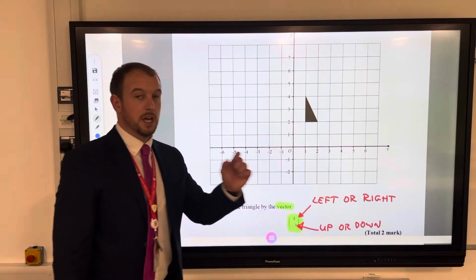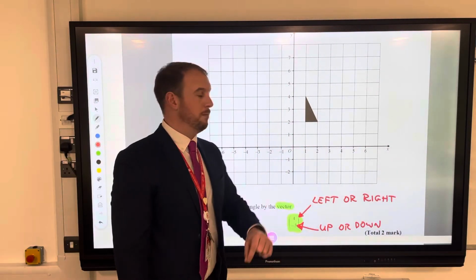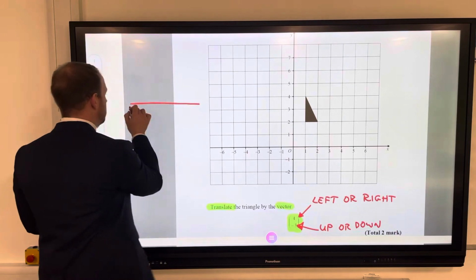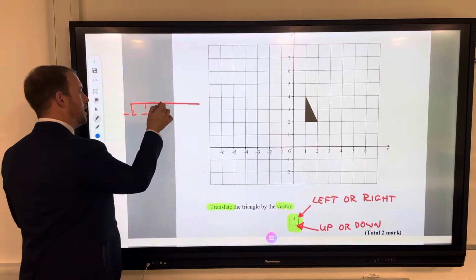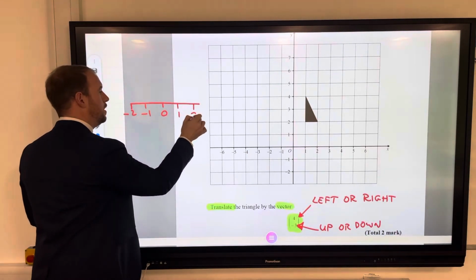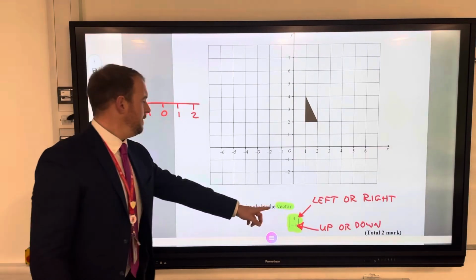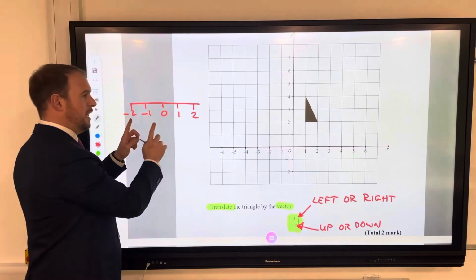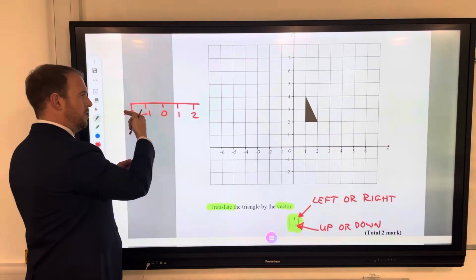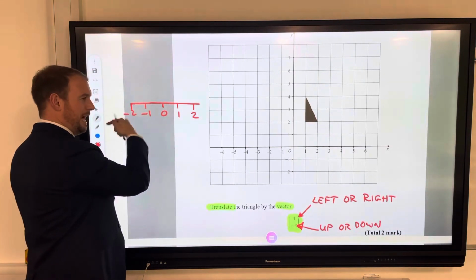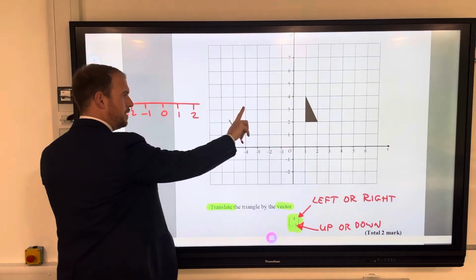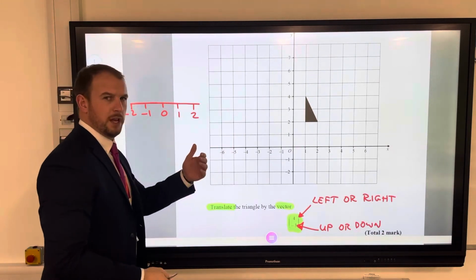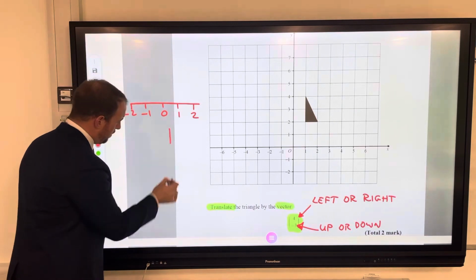Now think of a number line. On a number line you have negative values, -2, -1, 0, 1, 2. So if it was a negative value on the top here, whether it's left or right, that means you'll be going left. So if it's negative, it'll be going left. If it's positive, it'll be going right. But then with up or down, think of a thermometer.